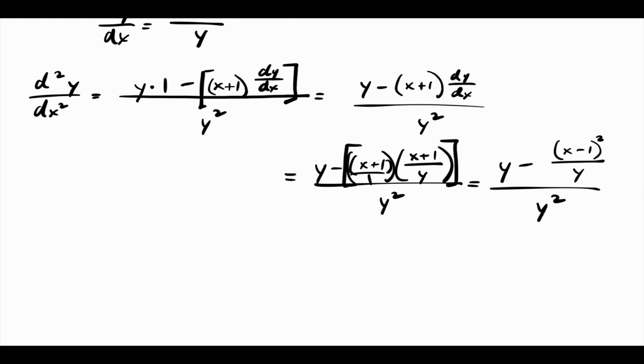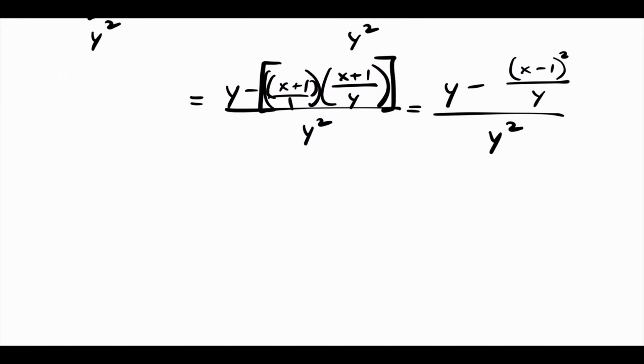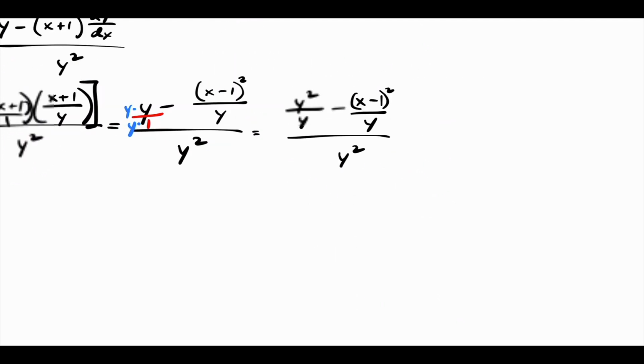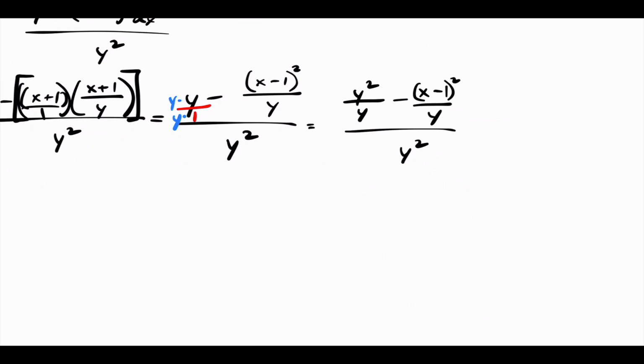Okay, so common denominator. The common denominator for the top is going to be y. So on top, I get y squared over y minus x plus 1 squared over y. If I have a common denominator, then I can combine them under 1 guy.